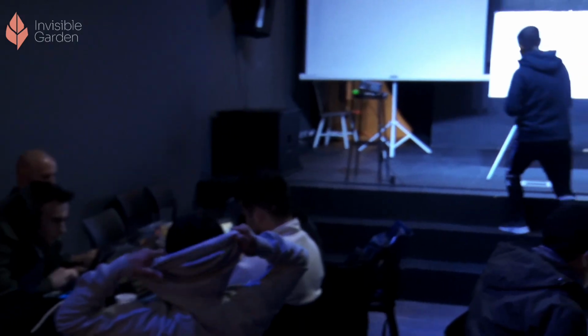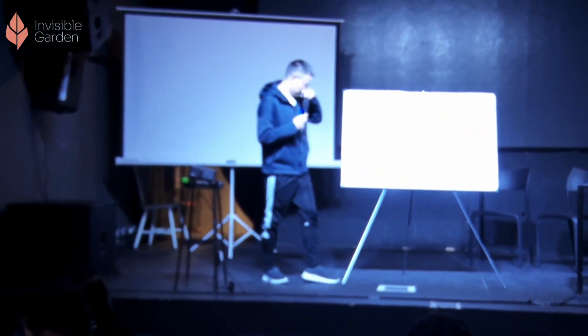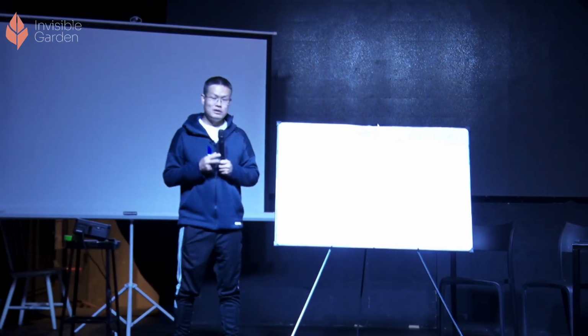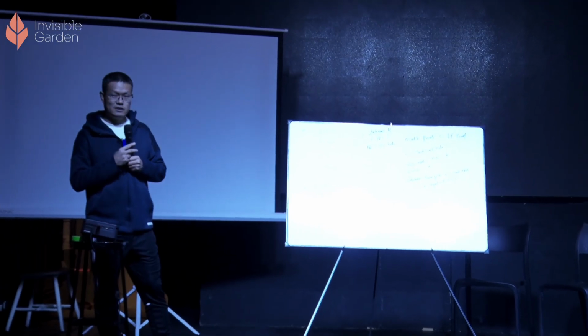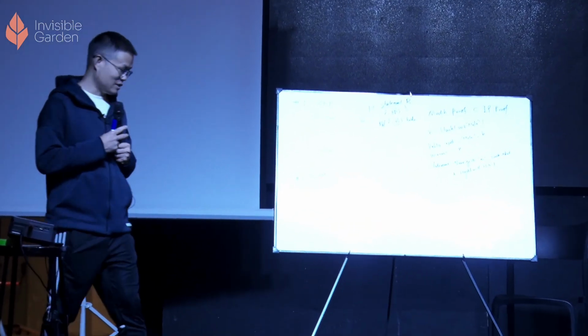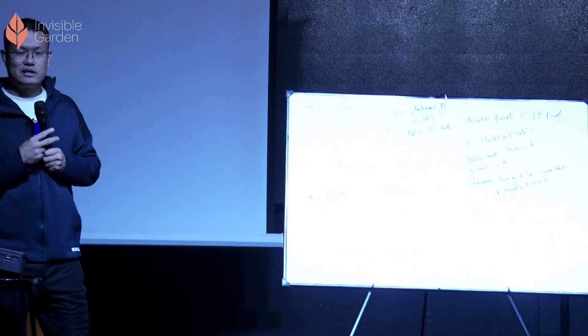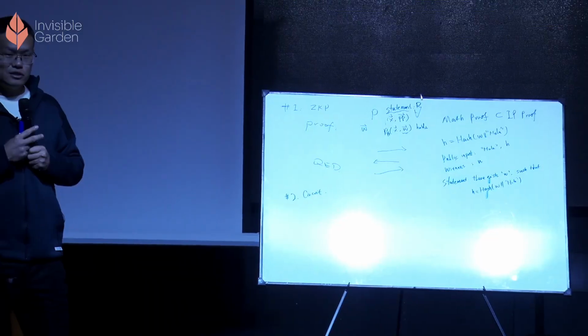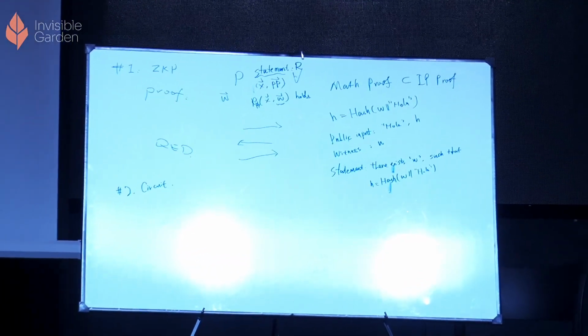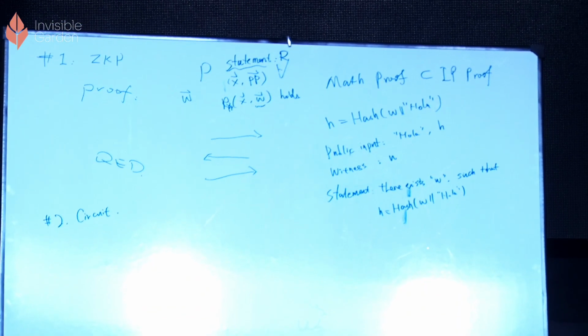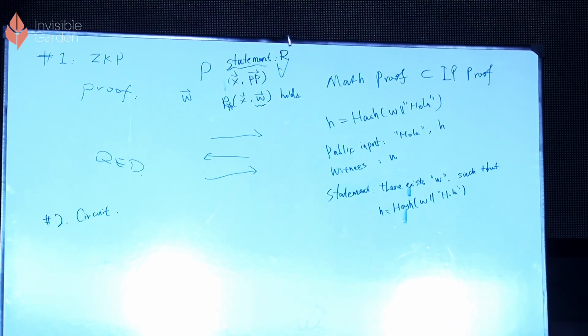Okay, the second term will be more confusing. It's about circuit. So circuit is very important, right? I think some of you have experience writing a circuit, either using some modern circuit language like Noir or Circom, or just using native Rust to write something, for example for Hello World or Fun, or the Cairo language to write some circuit.